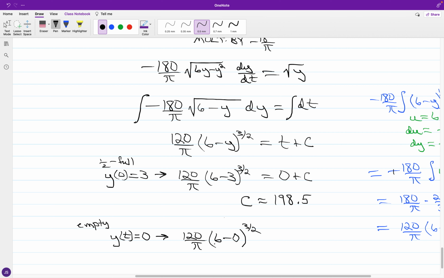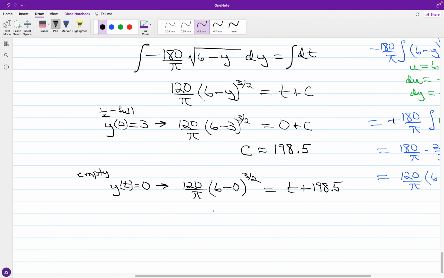So 120 times 6 to the 3 halves over pi is equal to t plus 198.5. Once you get this to a decimal and take away 198.5, you have t to be somewhere around 362.9 seconds. And translating in terms of minutes and seconds, we end up right at 6 minutes and 3 seconds.